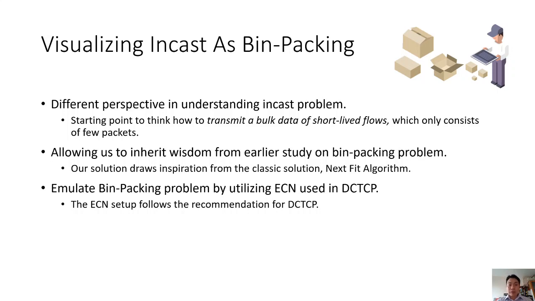And by doing so, it also allows us to use some of the analysis and insight from solving the bin packing problem. In fact, our solution was inspired by the next fit algorithm, which is one of the classical solutions to the bin packing problem. The way we emulate bin packing is by utilizing ECN, which is used in DCTCP.